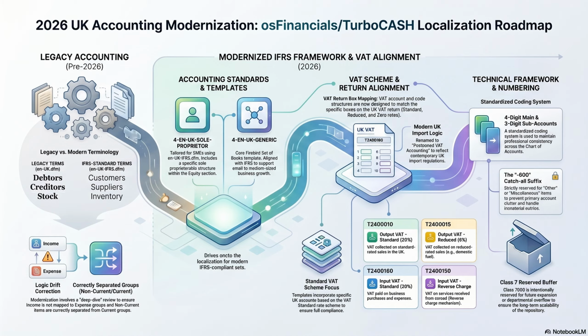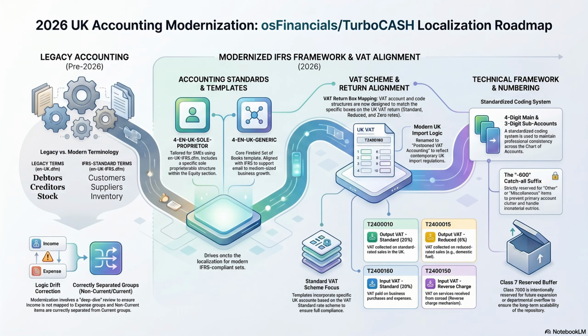Yes. To bridge that gap, the developers of osFinancials have hard-coded the VAT account codes to map directly to UK tax law, specifically Section 24 of the Value-Added Tax Act 1994. Let's walk through this matrix because the level of detail is incredible. Let's start with the output VAT, which is the tax that a business collects from its customers on its sales. Right. The software blueprint gives us account T2400010.